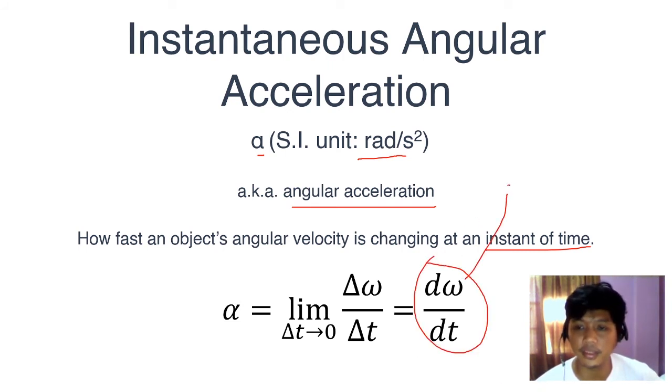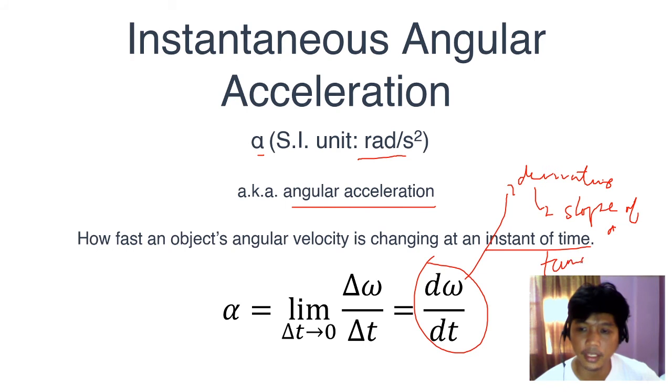This is the derivative, right? The derivative is the rate of change, or the slope of a tangent line. And we need a tangent line because we're looking at an instant of time. And a tangent line is a line that touches the curve at one point in time. Something like that.